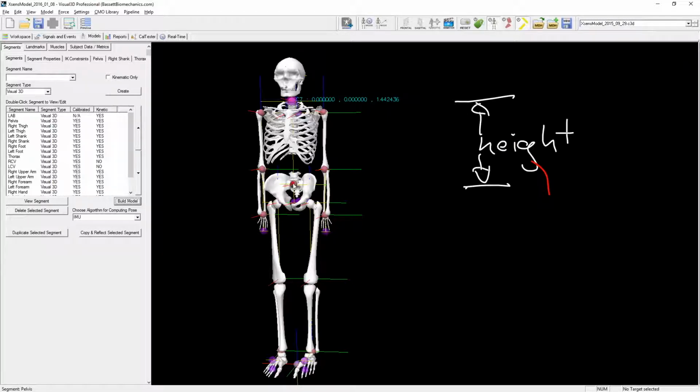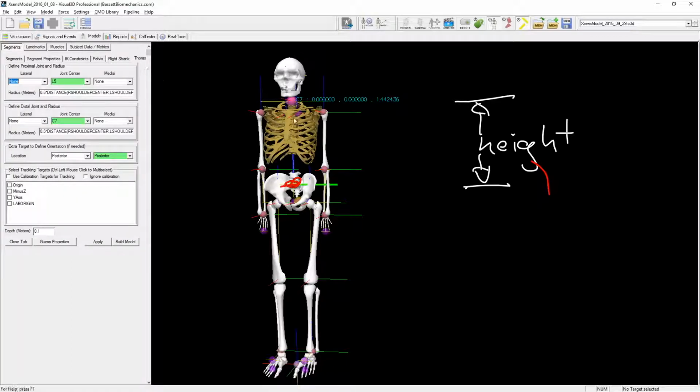In this case, for the thorax, we are starting from the L5, and we are obtaining the distal end as the C7. So we have two reference points to define that axis of the segment.